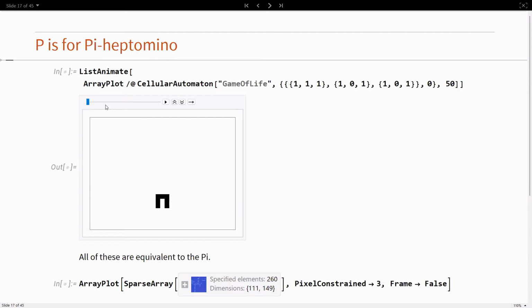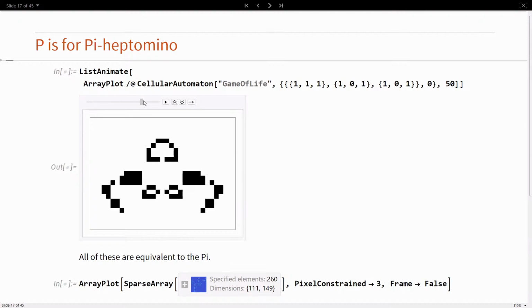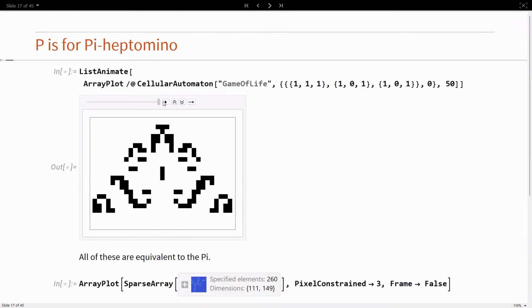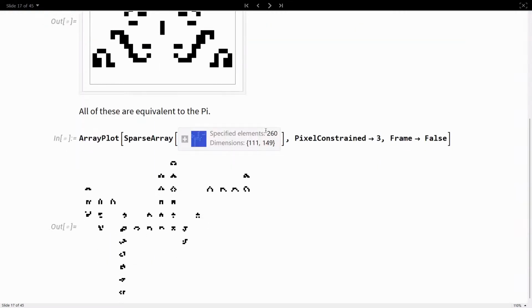Another important signal is the pi heptamino, which has a nice symmetrical bit of chaos. And all of these shapes here are equivalent to the pi signal.